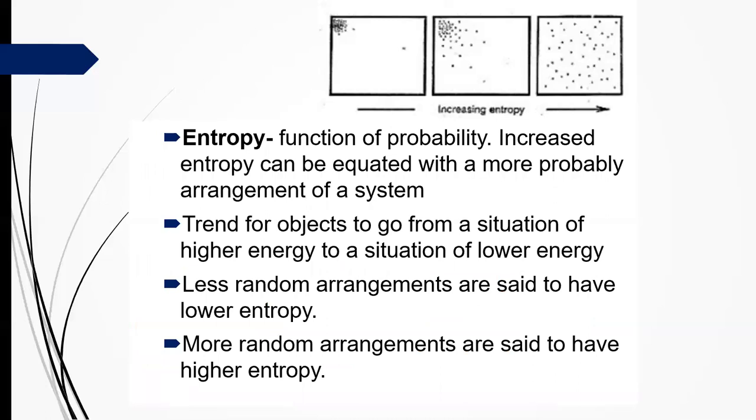Entropy is this desire of everything to move towards randomness. How we define it, it's a function of probability. As we increase entropy, the system becomes more probable to have that arrangement.